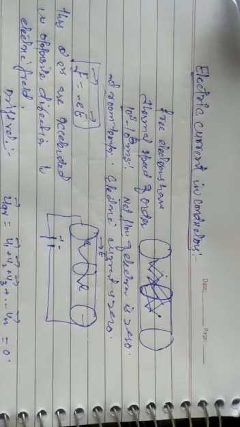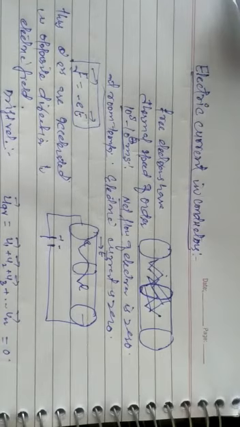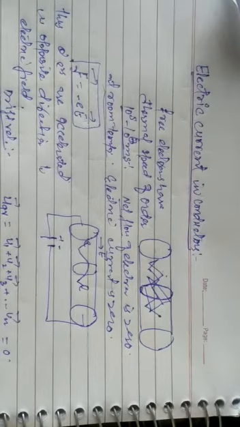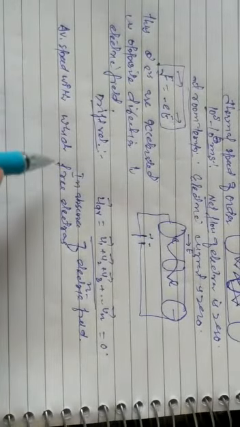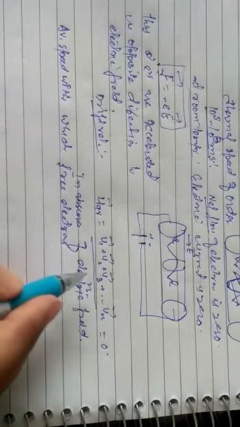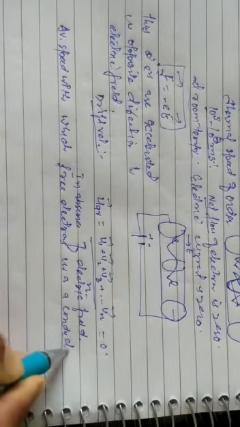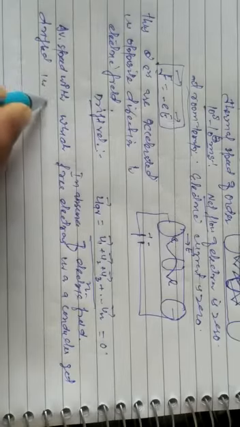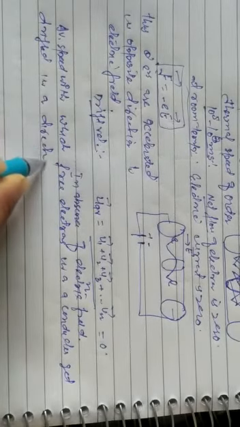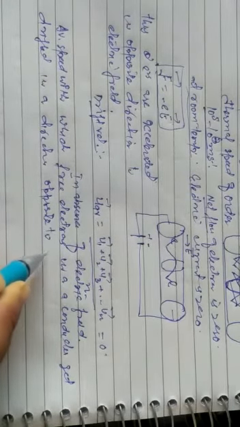Drift speed is defined as the average speed with which free electrons in a conductor get drifted in a direction opposite to the electric field.